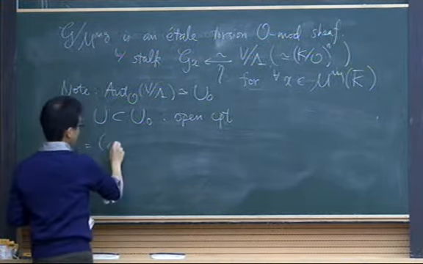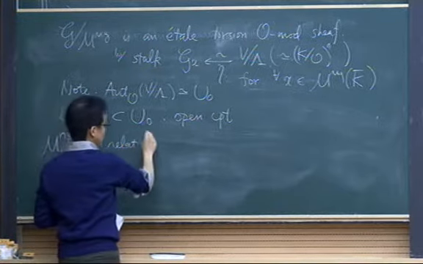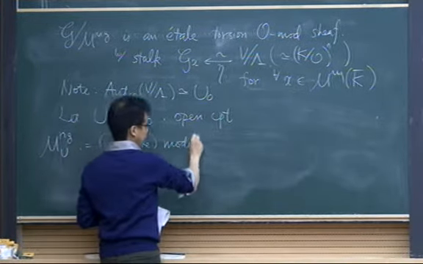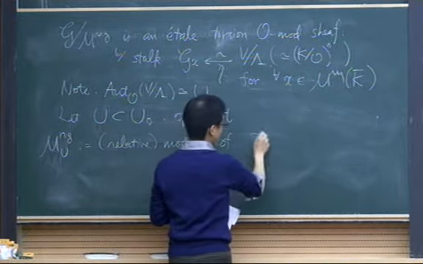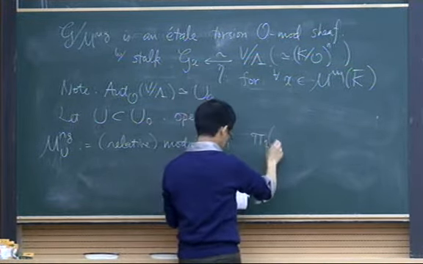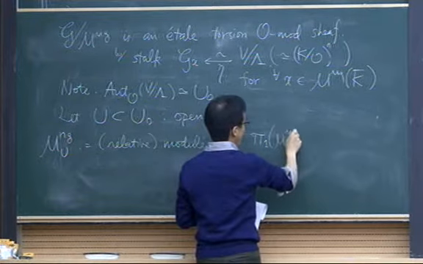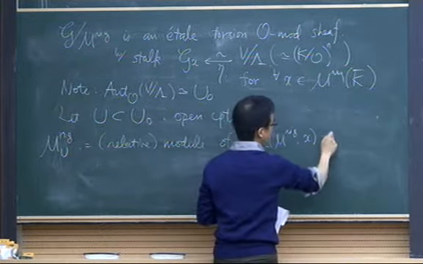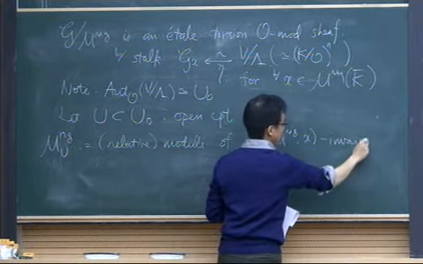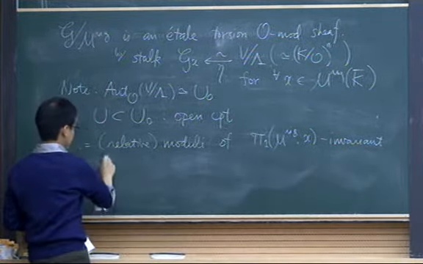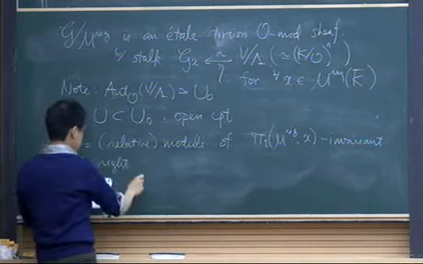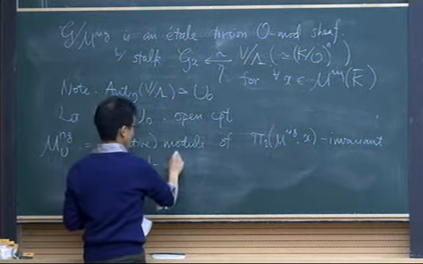This is a relative moduli space. I'll use the same way of defining this as in the Shimura variety case, but I'll explain what it means later.